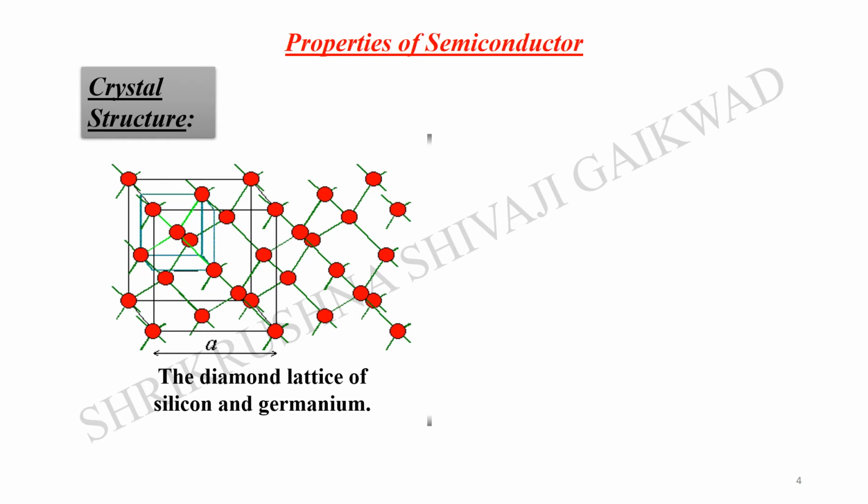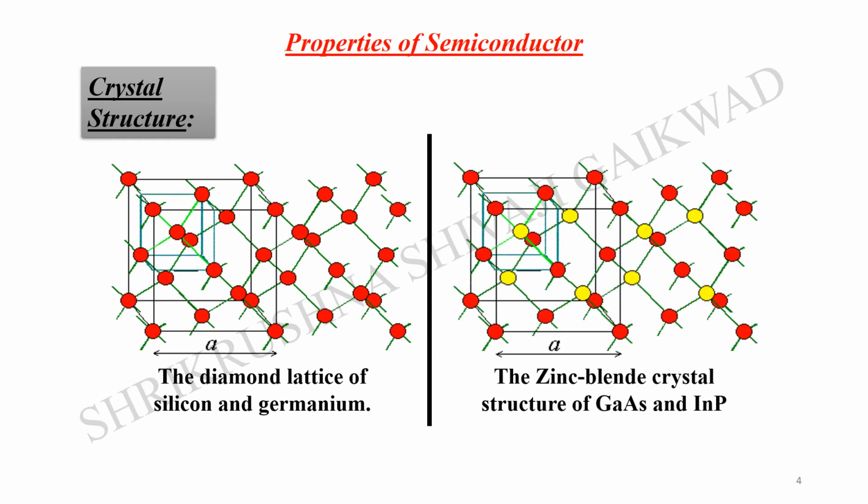On the other hand, in the case of the zinc blende crystal, the structure of gallium arsenide or indium phosphide is the example. Now you can clearly distinguish between the diamond lattice and the zinc blende lattices.